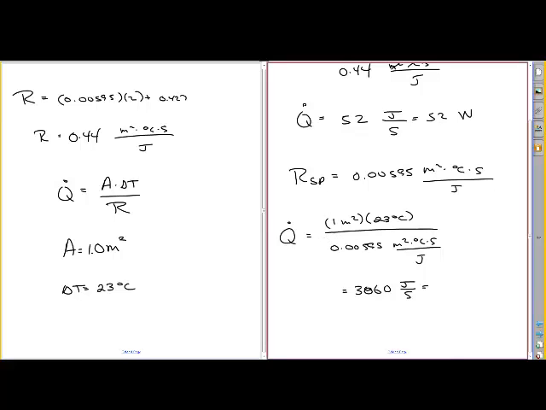So this number we'd actually do this times 2, this times 2, which makes just divided by 2, which gives us 1,900 joules per second, or 1.9 kilojoules per second, or kilowatts. So this is 35 times that. So it's huge, huge, huge.